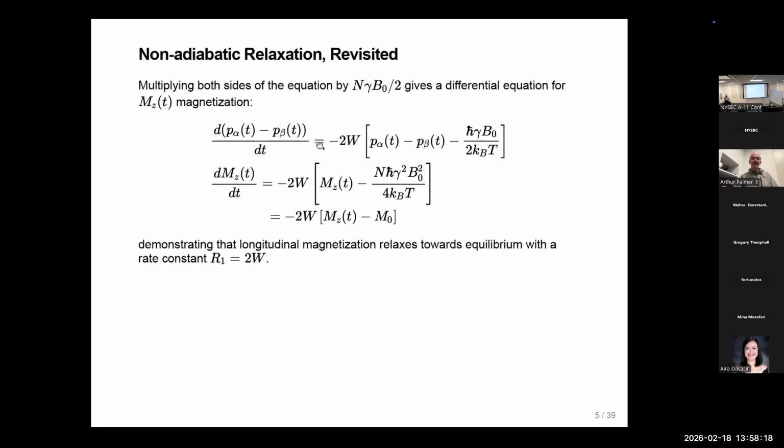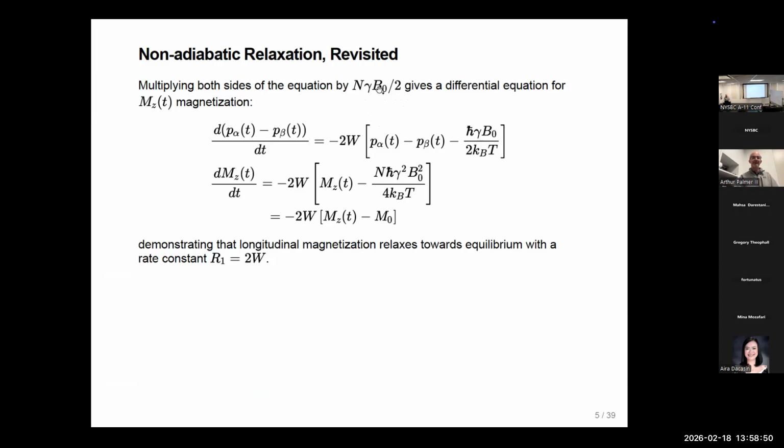And now here's that same equation, and I multiply both sides by this factor, and that gives me Z magnetization. I had been saying that Z magnetization was 1/2 of the population of alpha minus beta. But of course, that left off all the constants of proportionality that give us a real number. If you look back in the notes, that was gamma B naught and the number of spins that we have.